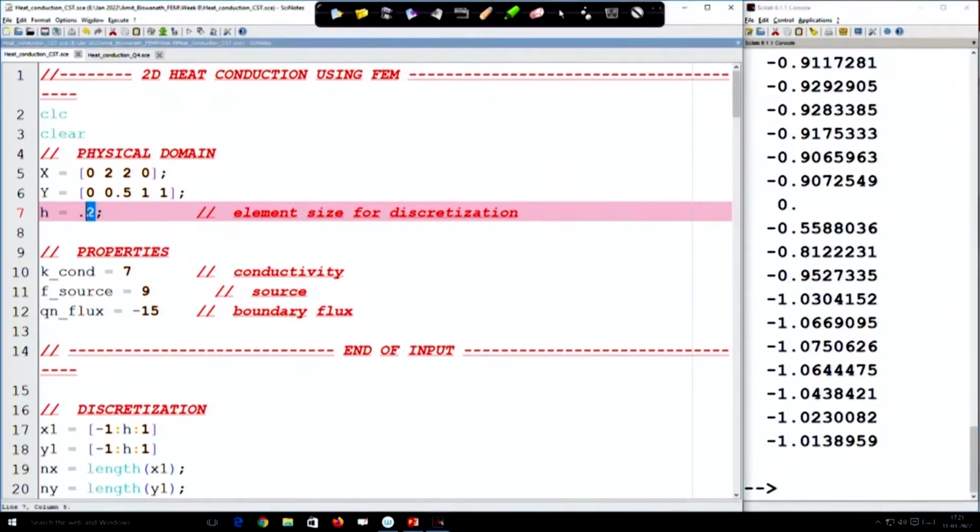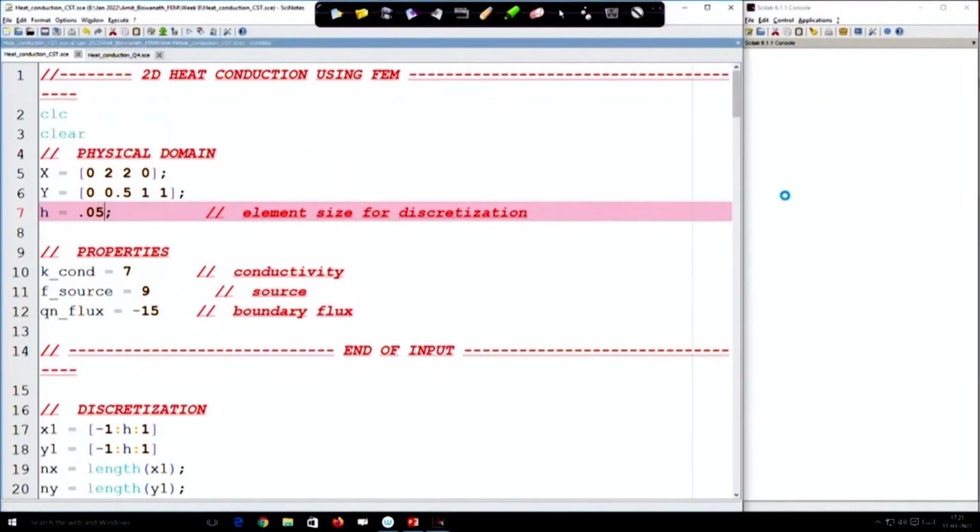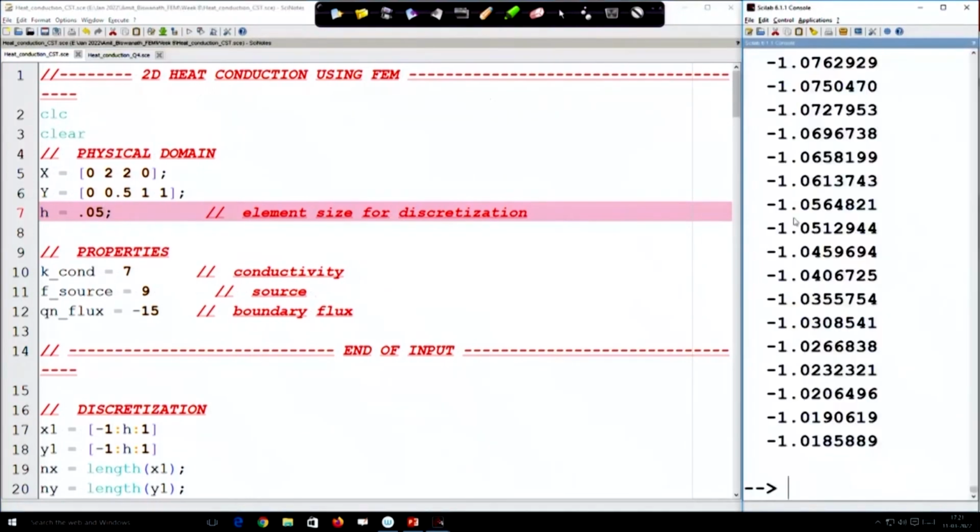Let us make it 0.05. Now you see the change is very minimal.